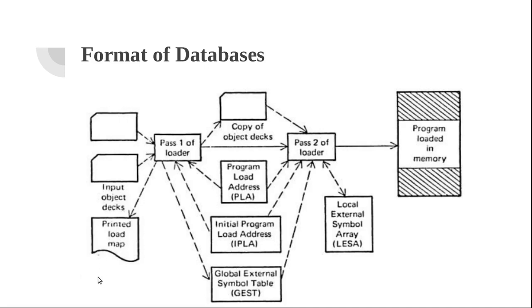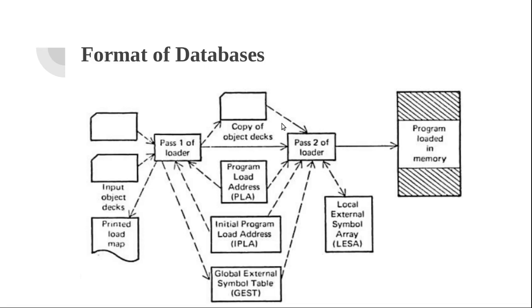So the printed load map will print the external symbols and their corresponding absolute address values. So in pass 1, it has assigned locations for each segment, and it has stored external symbols and their corresponding absolute address values in the global external symbol table database.